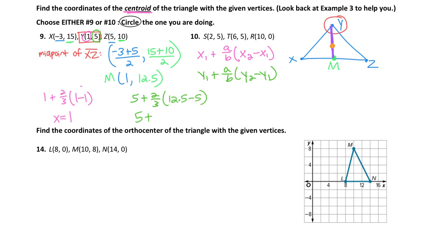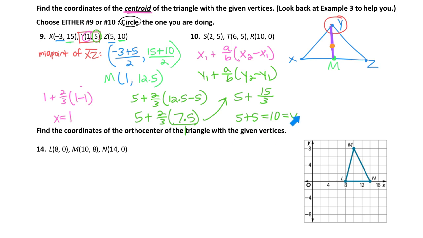Okay, so that'd be 5 plus 2/3 of 12.5 minus 5, which is 7.5. Okay, so it looks like it's going to be difficult to multiply, but it's not. Just take this over 1, and that's 2 times 7.5. Well, that's nice. It is 15, so that's 15/3. Well, I know 15/3 is 5, and then 5 plus 5 equals 10. So that's the y coordinate of my centroid.